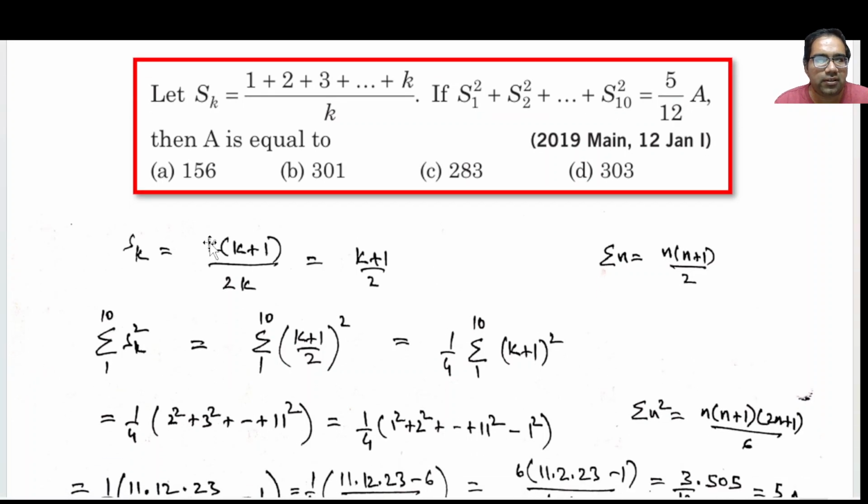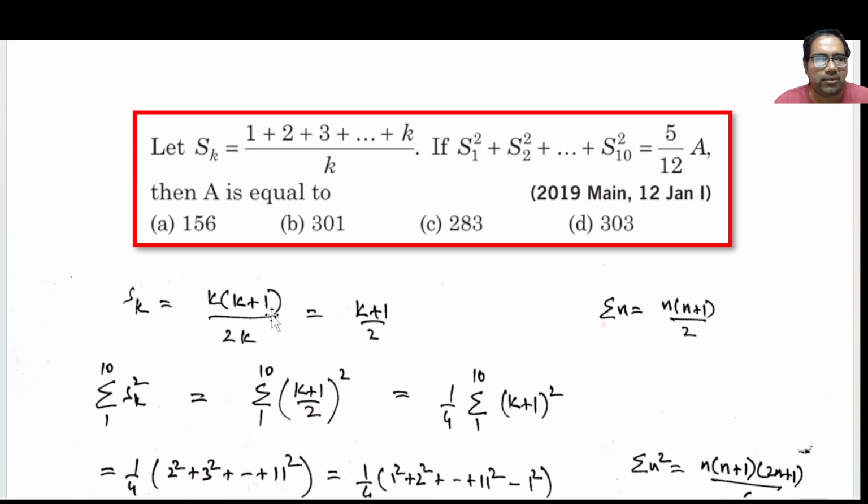For example, S_k we can write as k into k plus 1 by 2, by k. The k will anyway remain, so this k and this k will cancel. It is equal to k plus 1 by 2. So for example, S1 is 1 plus 1 by 2, which is actually equal to 1, which here also is 1 by 1.